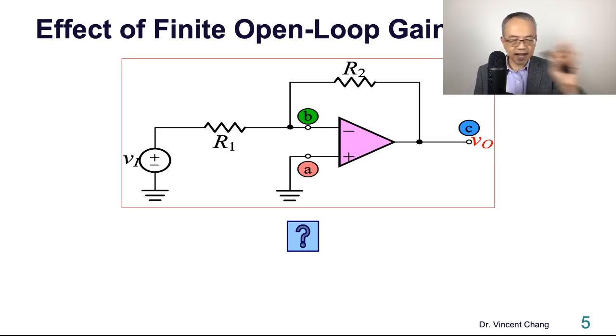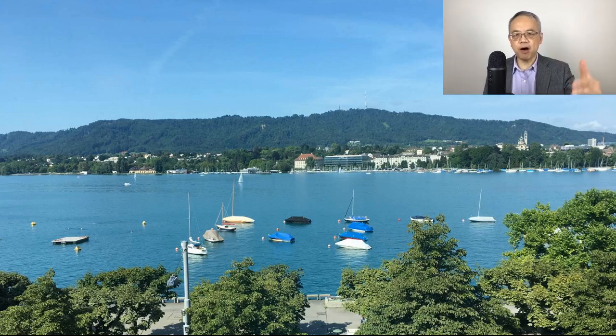When A is not infinite, let's say A is 10,000 or 100,000, 80 decibel or 100 decibel, what's the closed loop gain VO divided by VI? Let's pause for 5 minutes.